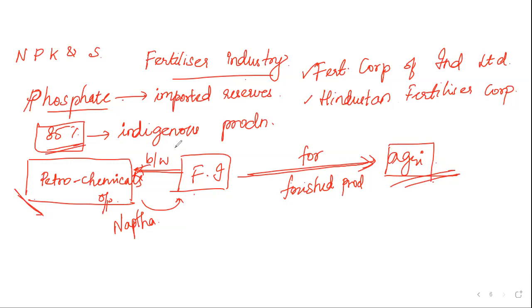Why do I say petrochemical is dependent on fertilizer? Shouldn't it be the other way around? Both are true. What will the petrochemical people do with the byproducts if they are not taken by the fertilizer industry? They were also surviving on that. So it's a two-way linkage, mutual benefit. This is what we call forward and backward linkages. Very, very important.